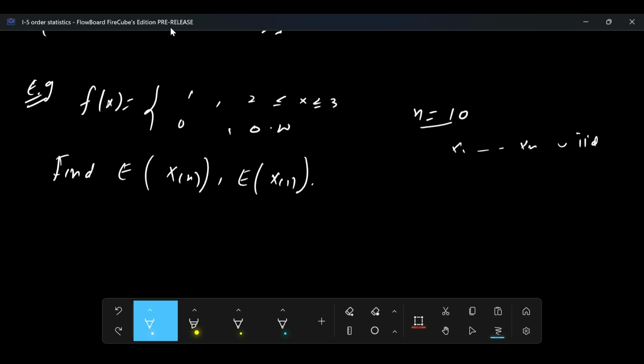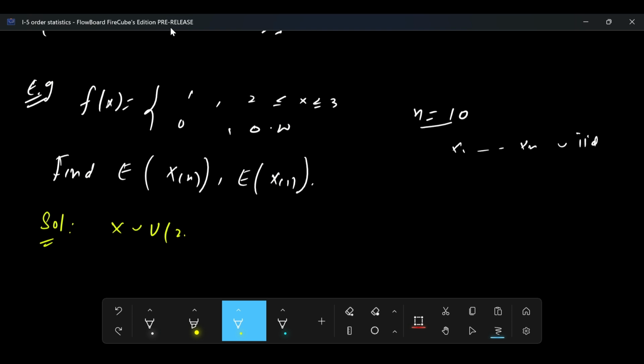Now see, here x follows uniform 2 comma 3. Now what's the CDF of this? That's (x minus 2) upon (3 minus 2), which will follow uniform 0 comma 1.